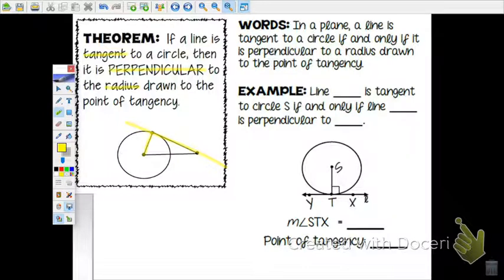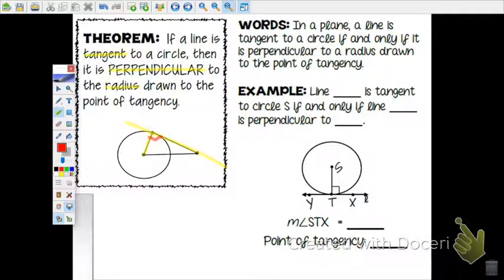This theorem is telling me that those are going to be perpendicular. The tangent and the radius drawn to that point of tangency is going to form a 90-degree angle. So that is going to be important to us.